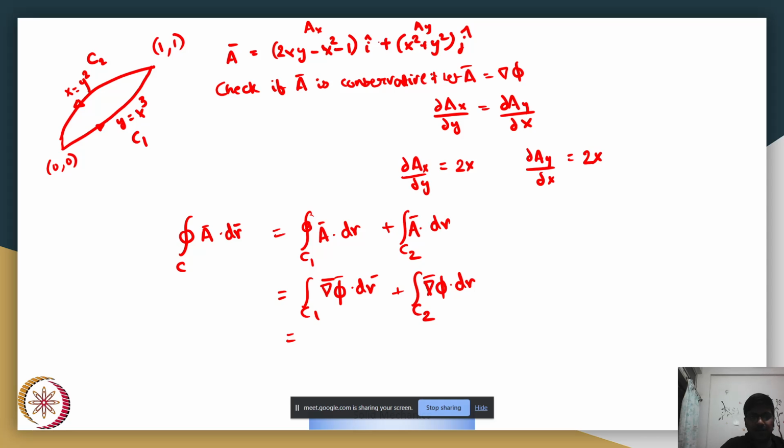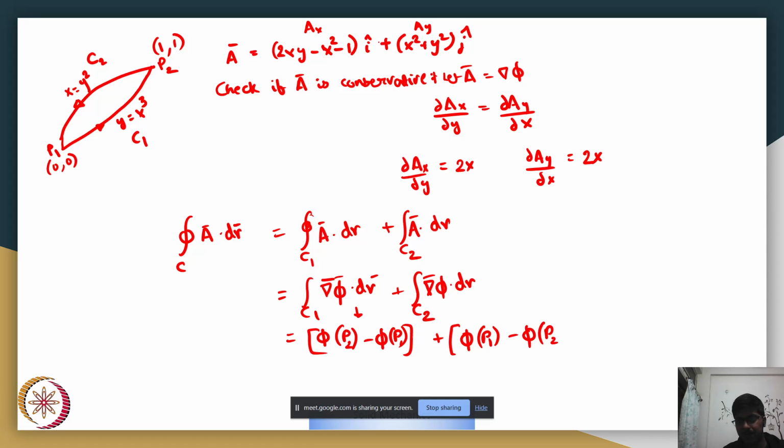I'll label this point as P1, this point as P2. So you have phi of P2 minus phi of P1 for the first term plus phi of P1 minus phi of P2 for the second term. This will just cancel out and we end up with 0.